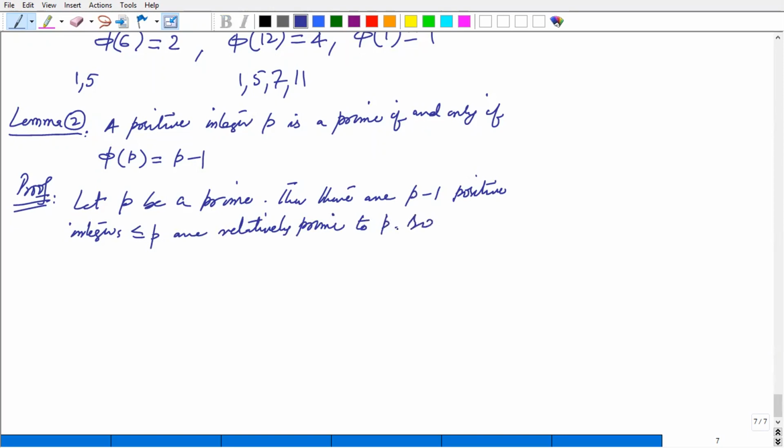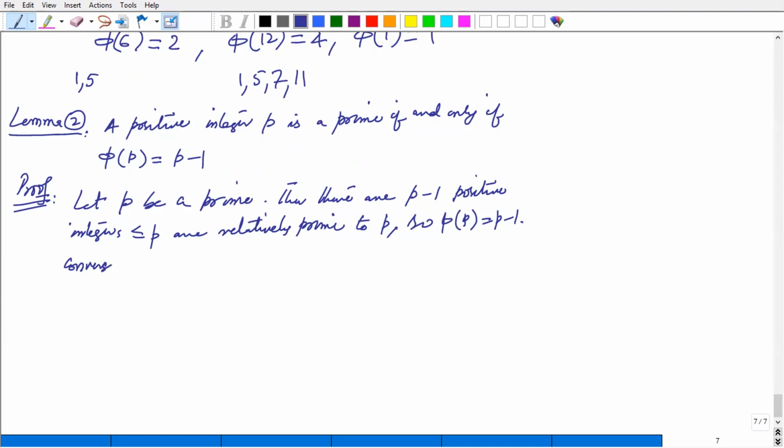So phi of p equals p minus 1. Conversely, because this condition is with if and only if, we have to show the converse as well.